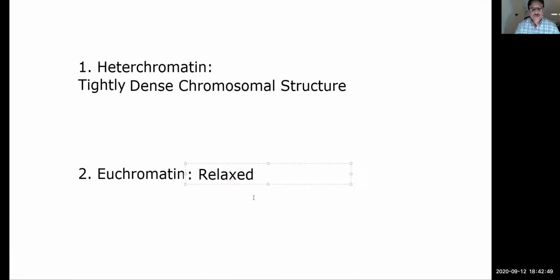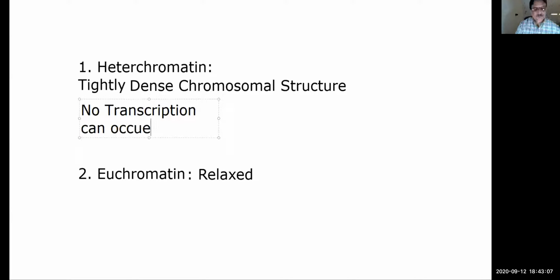And so functionally, because heterochromatin is tight, no transcription can occur on heterochromatin. Why? Because it is very, very tight. But euchromatin is relaxed.